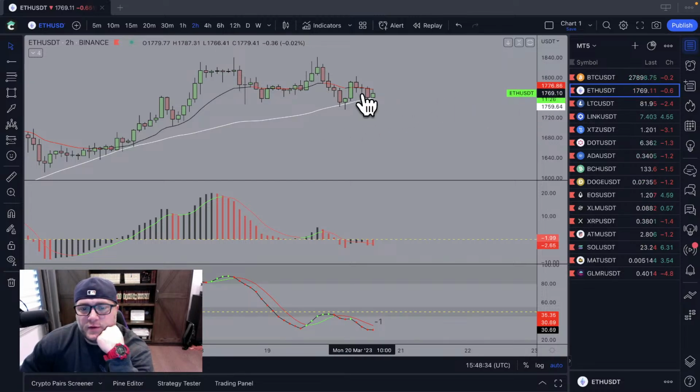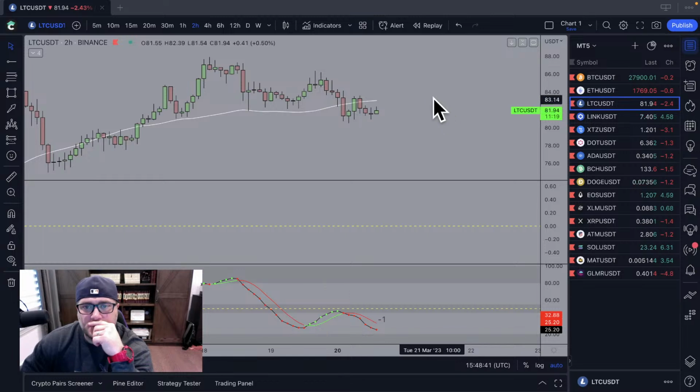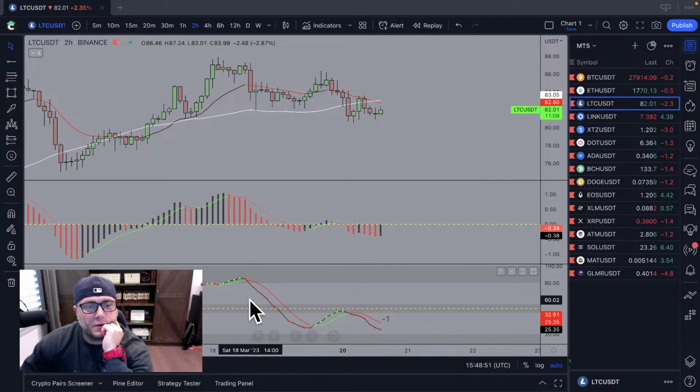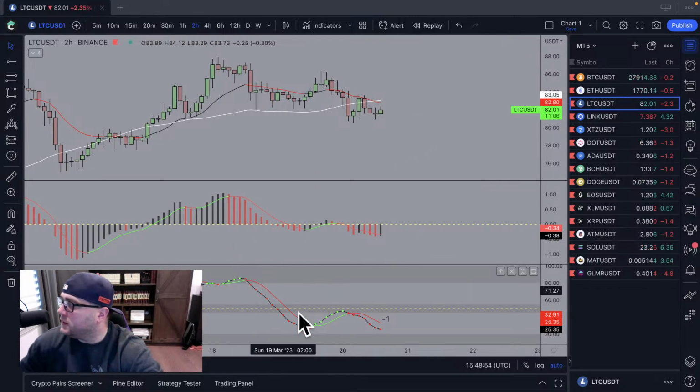We're between those moving averages, heading up. It's been great. Should have watched it on the 2-hour chart instead of the 20-minute chart. No, well. Litecoin. Yeah, I saw this was really great.